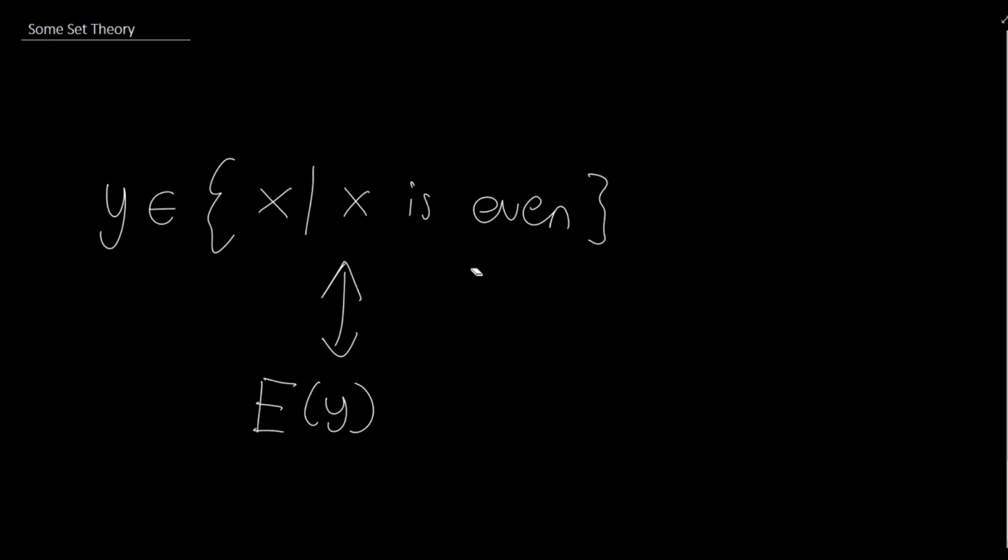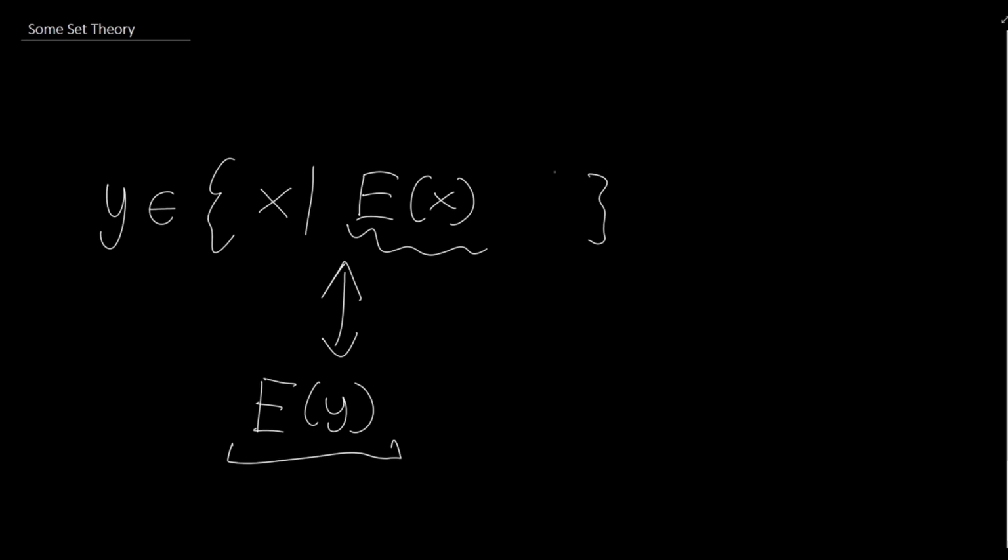We can actually simplify this, because this over here means y is even, right? So what if we change this thing over here and write x instead? Then we have changed nothing, right? Because this means x is even, and the word that we just replaced is x is even. So literally we didn't change anything.